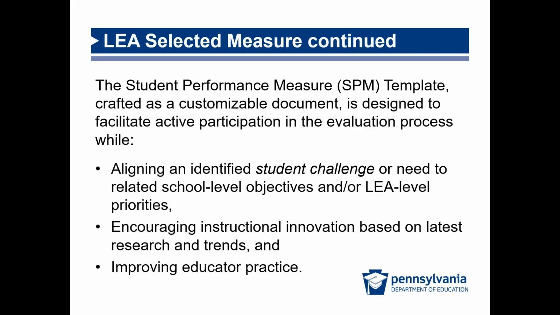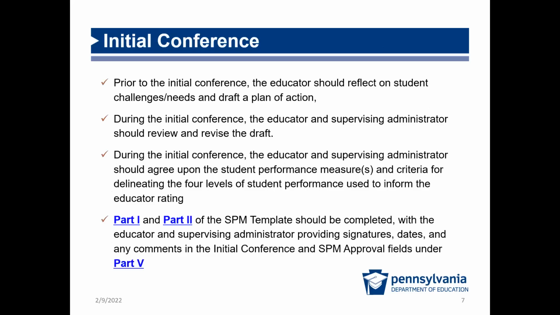Each of our templates that we're showing you today has the next 3 areas. I'm going to hit it one time to make sure everyone sees the checklists that are offered in our templates. The first part is that initial conference. Prior to that, the educator should reflect on student challenges and needs, and draft that plan of action. They bring that to the initial conference, and the educator and the supervising administrator review and revise.